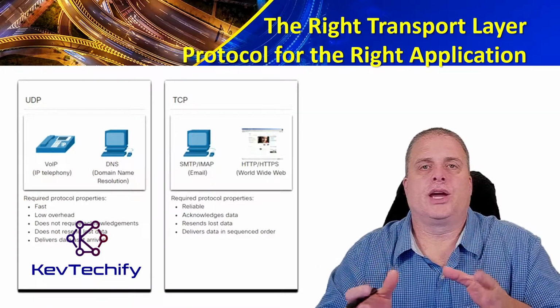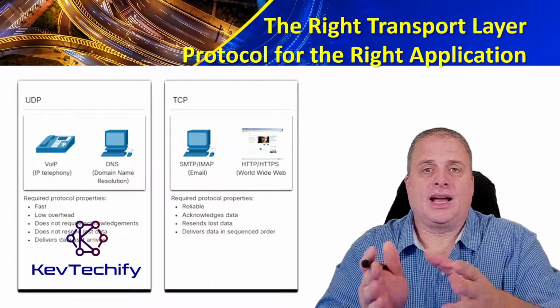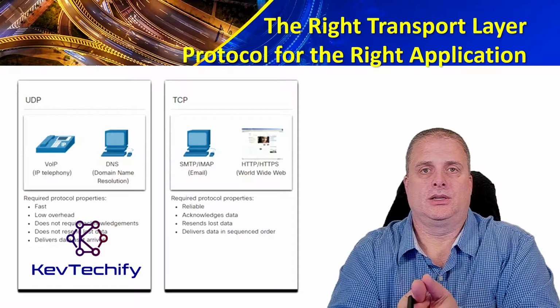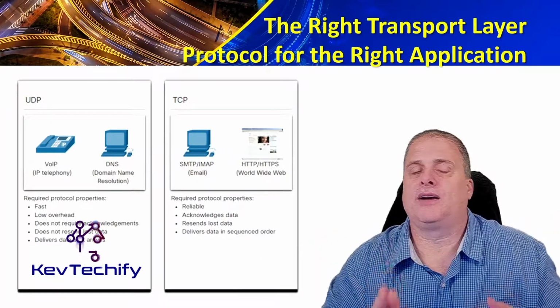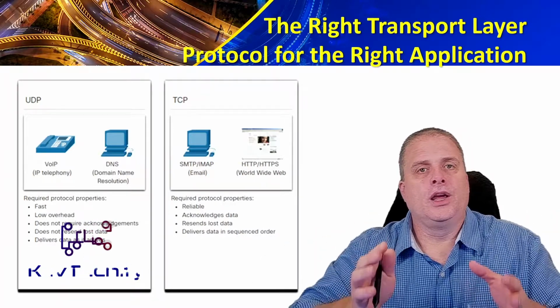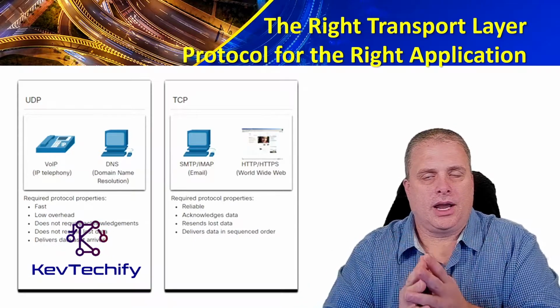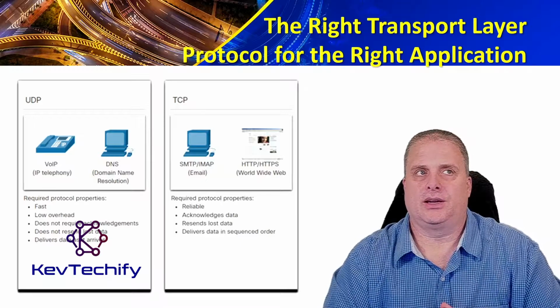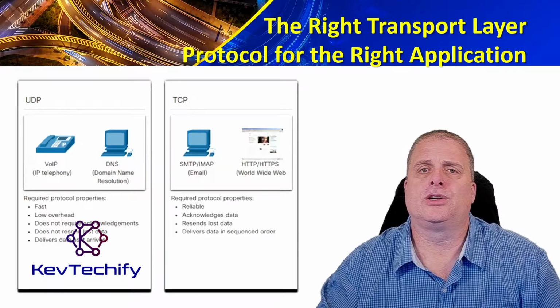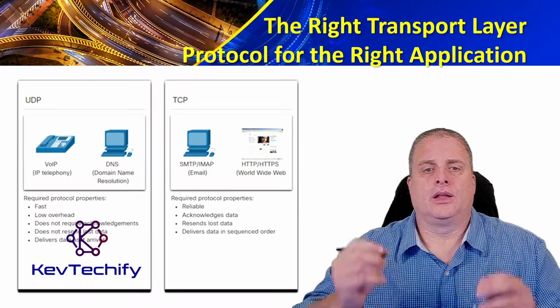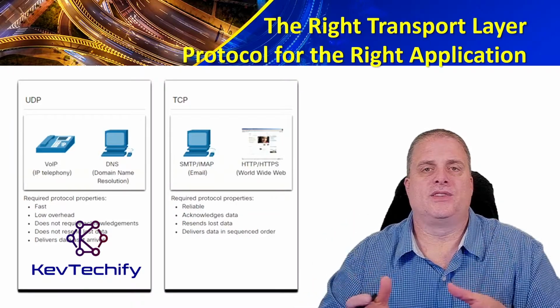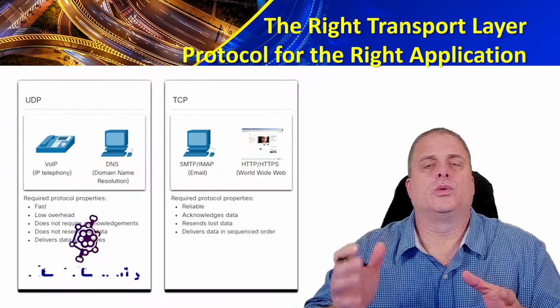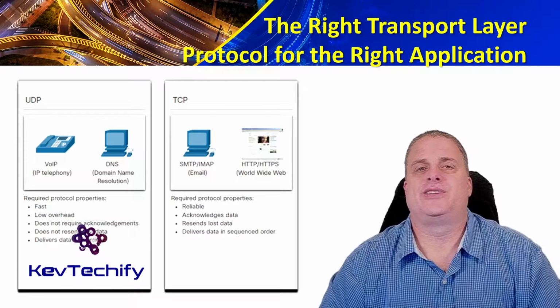And so with this real-time data, if part of that conversation is missed, it's passed. Hopefully you are able to make up in your head what was the missing part, and we're carrying on. We don't retransmit that data. Where if we have to make sure all that data gets there, like a web page or a piece of email, we will retransmit that data. That's where we use TCP.